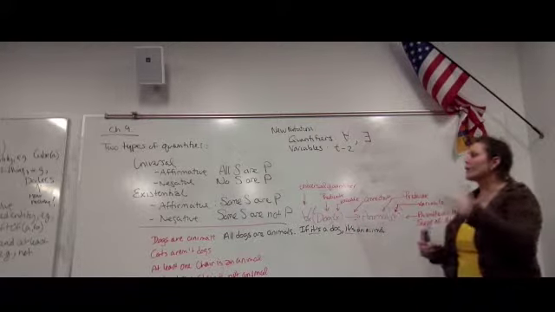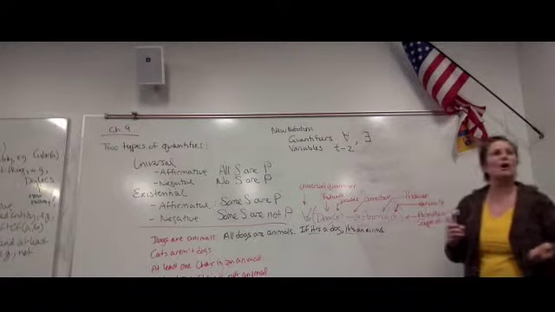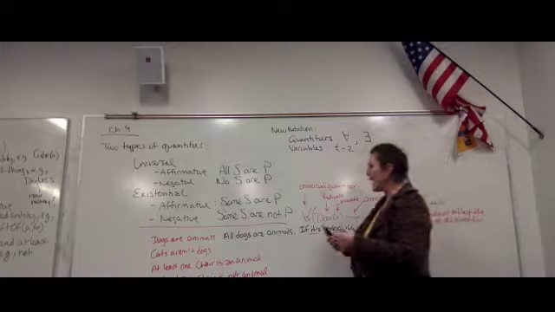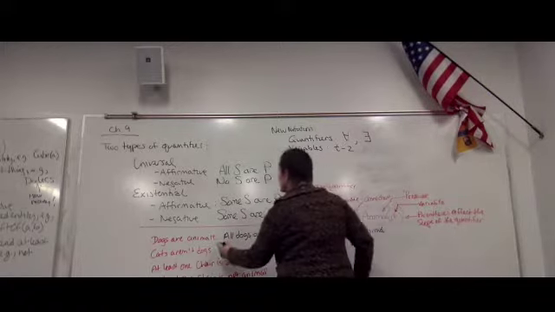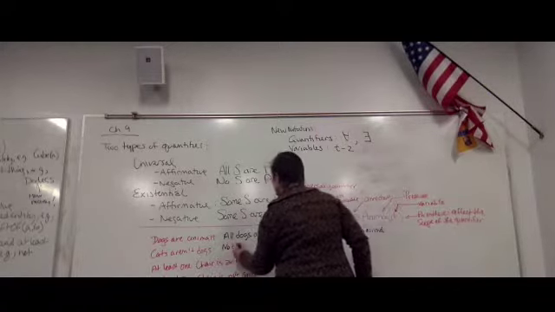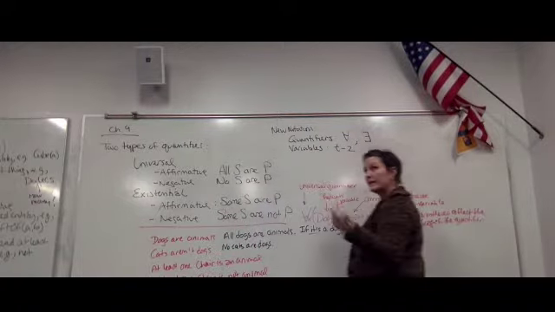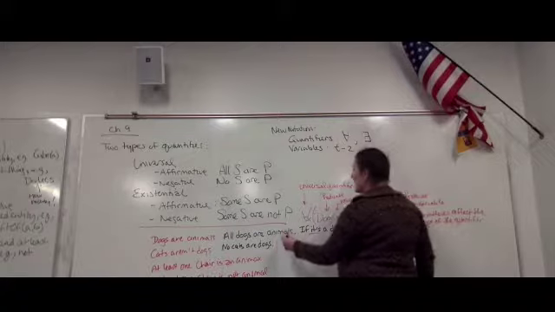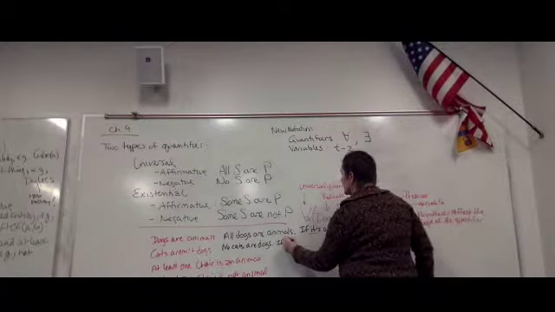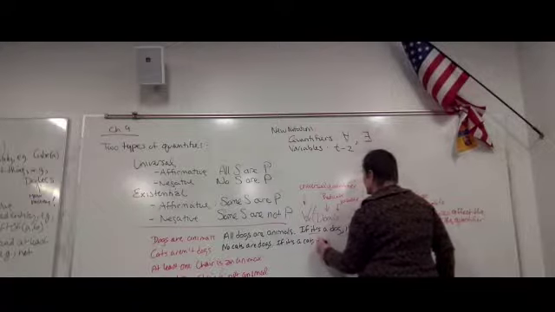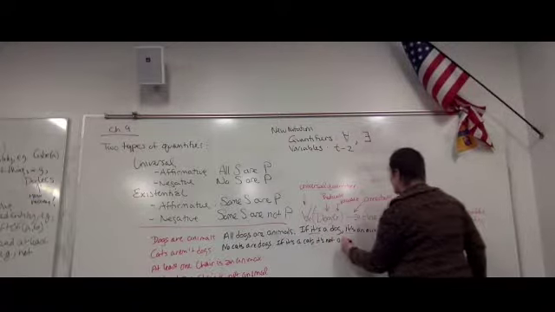How about cats aren't dogs? How many are we talking about? Yes, every single one. So cats aren't dogs becomes no cats are dogs. And then the if then becomes if it's a cat, it's not a dog.